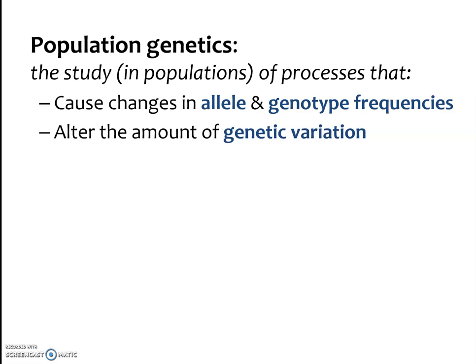So we're studying forces that can alter the amount of genetic variation in a population. Remember that your genetics, my genetics, the mice's genetics don't change in their lifetime. What changes is the population, the relative frequencies of different alleles. So that's what we're thinking about here in population genetics. And we've got some really useful mathematical tools to do this.